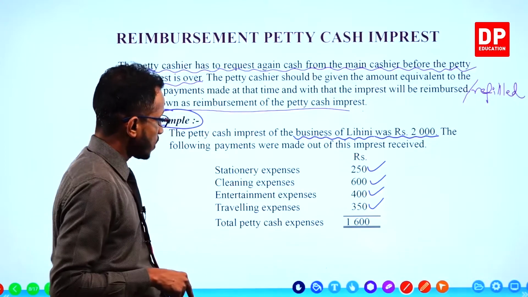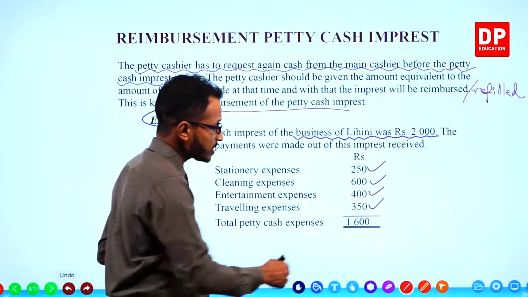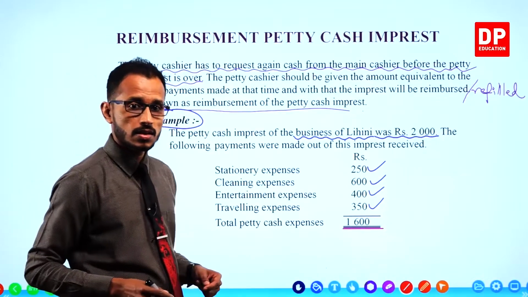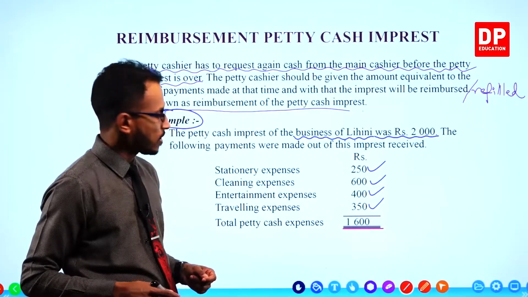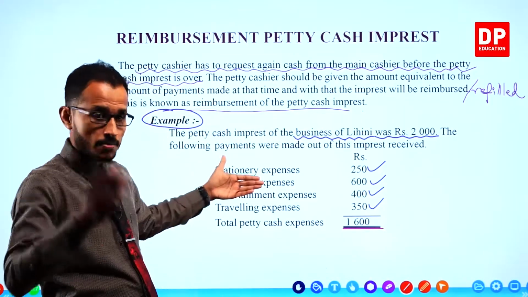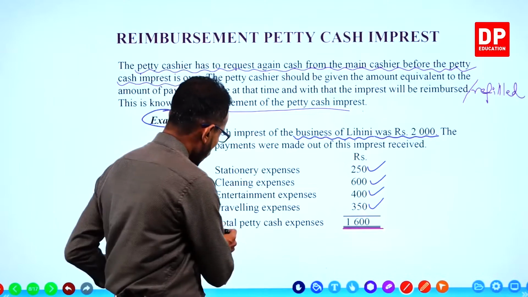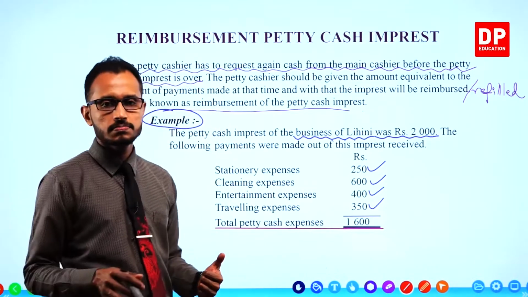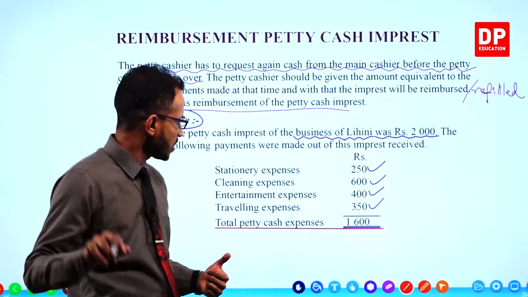Now, children, we have a total of 1,600 petty cash expenses. In Lihini's business, the petty cashier has spent a total of 1,600.